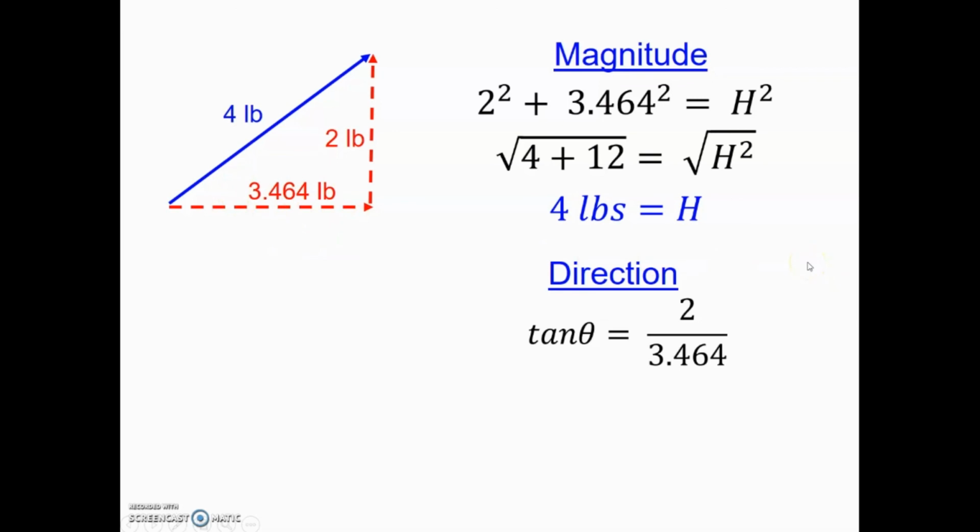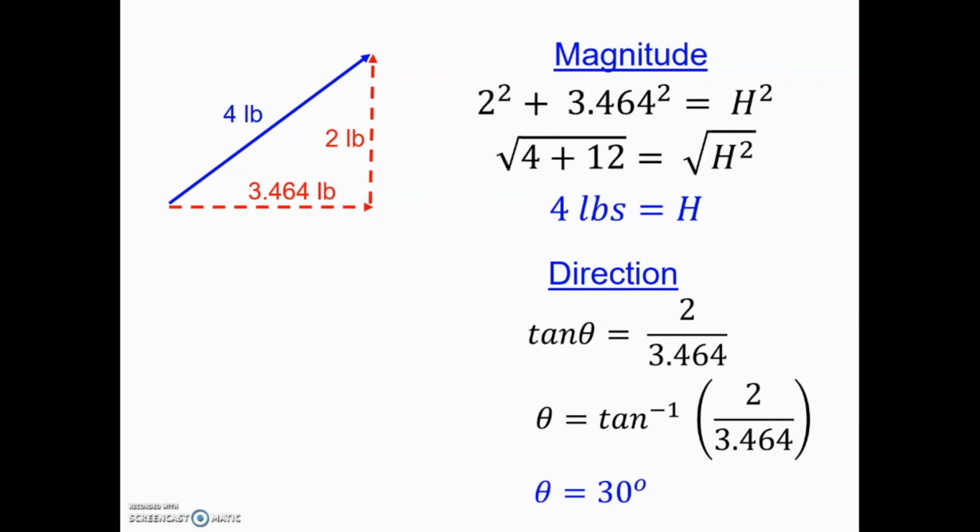And I need to isolate for theta so I can get that angle. And the way we're going to do that is with inverse tangent. So if I take the inverse tangent on both sides, I have theta equals the inverse tangent of 2 over 3.464, which comes out to be a nice 30 degrees.